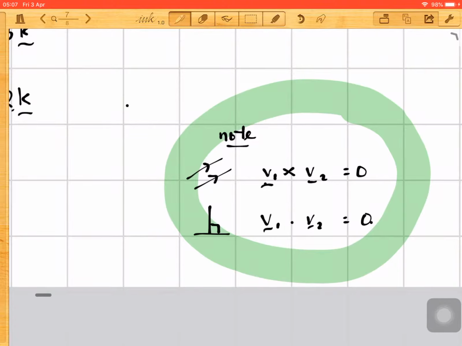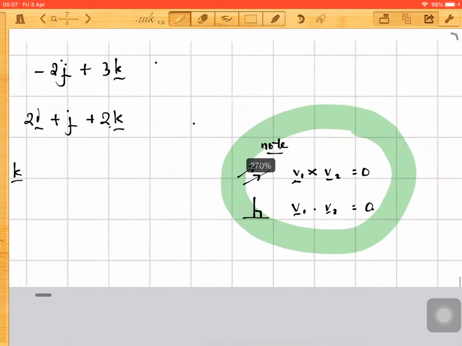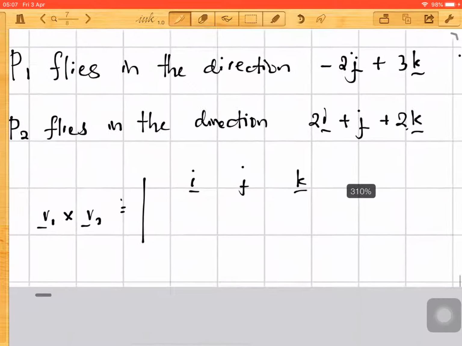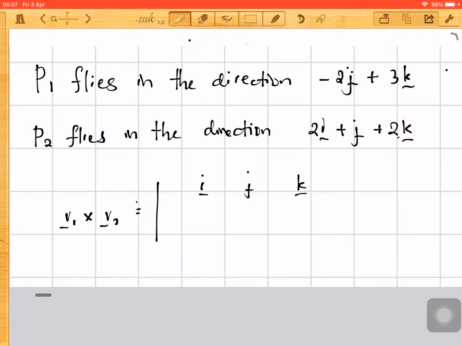So now we are doing V1 cross V2. If you don't get 0, you know that they are not parallel and they will intersect in the future. So right here we do 0, -2, 3 and 2, 1, 2.